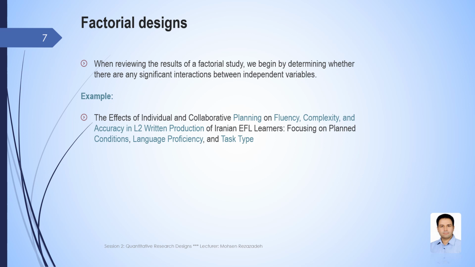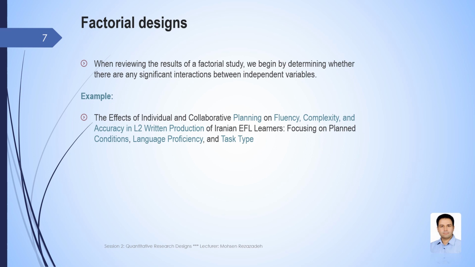That is to see if this pattern is the same for all three proficiency groups. Here we are investigating the interaction between the independent variables. That is, we want to see the interaction between planning condition and language proficiency.